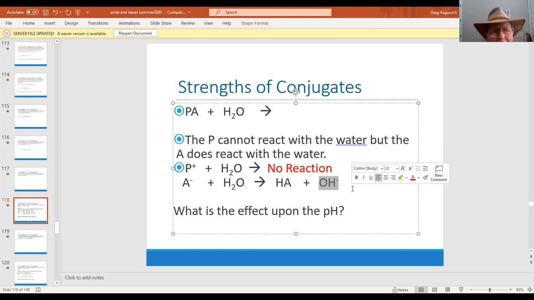Hydroxide. So what is my pH going to be? Greater than 7. So all I'm doing is taking a salt. You normally think of salts as being neutral, but I'm putting it into water. If my P+ is a weak conjugate acid and my A- is a strong conjugate base, overall I'm generating OH-. My salt is making a basic solution.